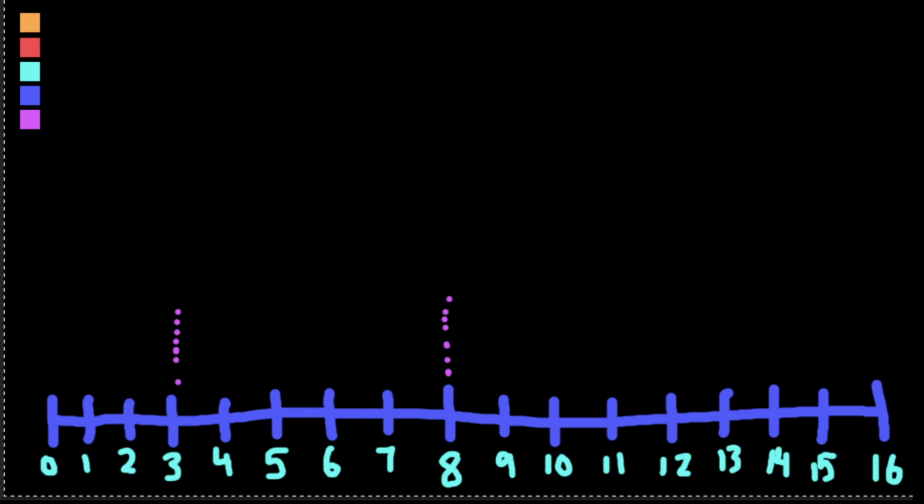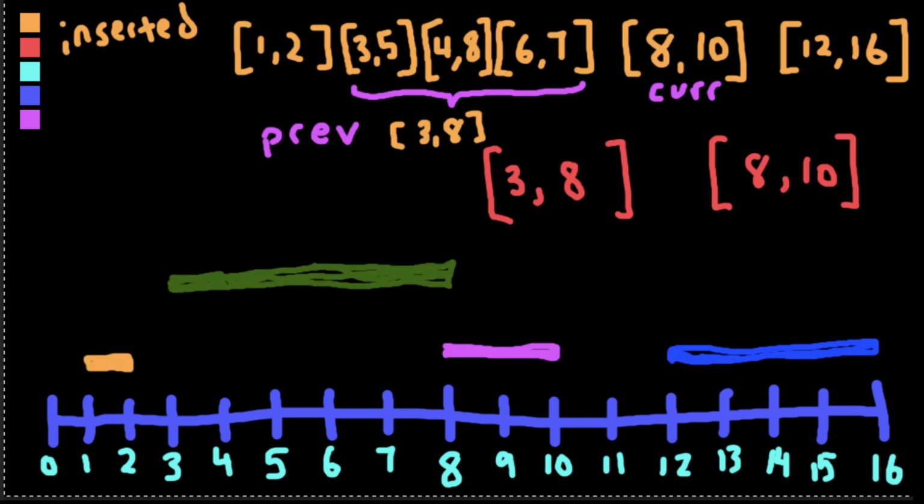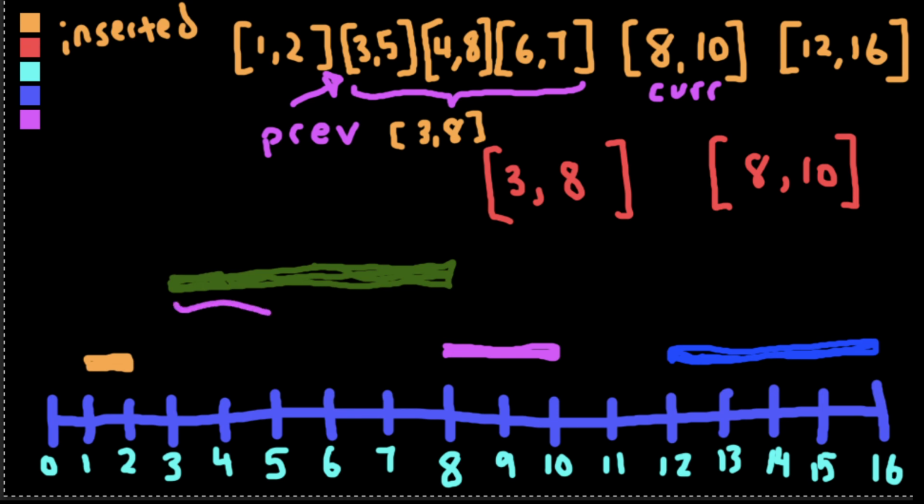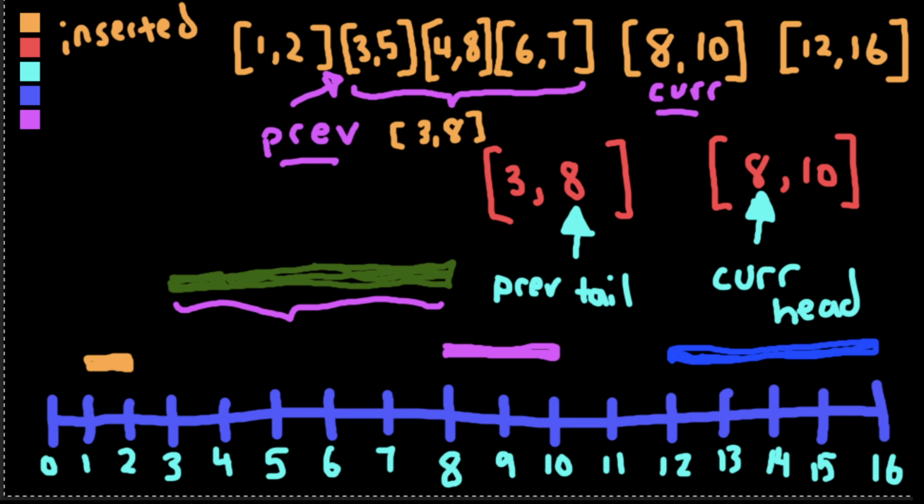So next step. So now that you have basically merged 3.5, 4.8, and 6.7 up here, and here represented in the number line, you want to take a look at previous, which is 3.8, versus current, which is 8.10. Again, what do we compare? Compare the previous tail to the current head.